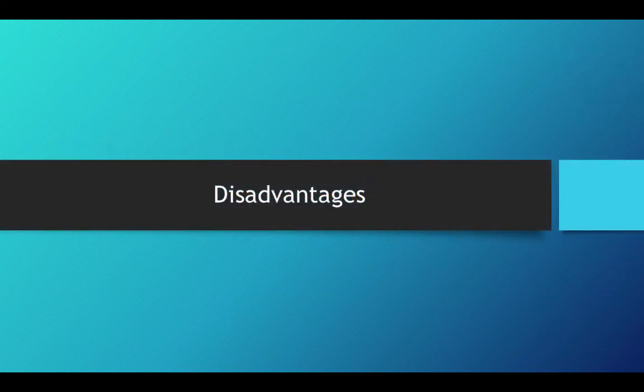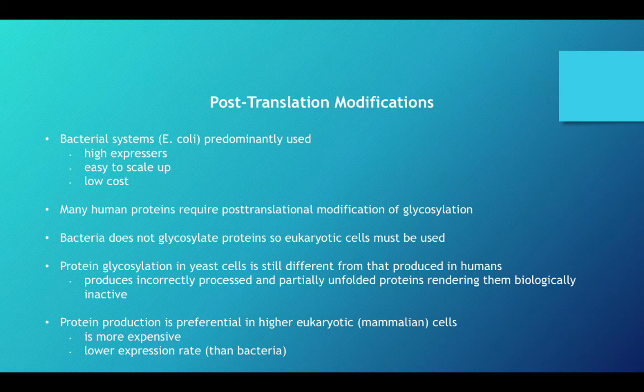While recombinant proteins are highly beneficial, there are some shortcomings in the technology. Post-translational modifications. Bacterial systems are predominantly used because they are high expressors, easy to scale up at a relatively low cost. Many human proteins require the post-translational modification of glycosylation, yet bacteria do not allow for this, so eukaryotic cells must be used.